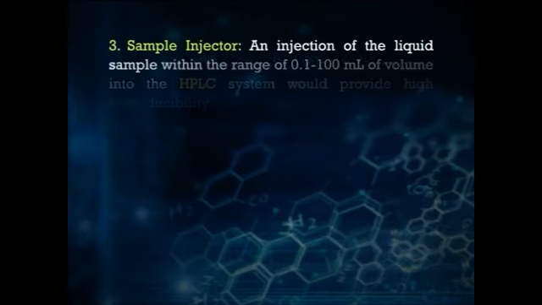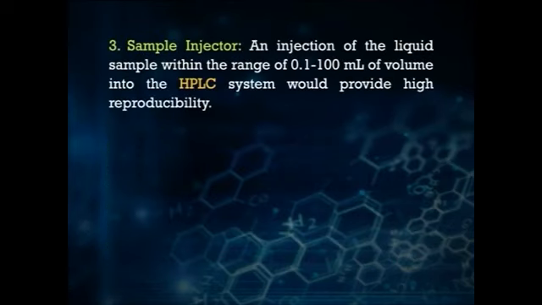Third is the sample injector. An injection of the liquid sample within the range of 0.1 to 100 ml of volume into the HPLC system could provide high reproducibility.